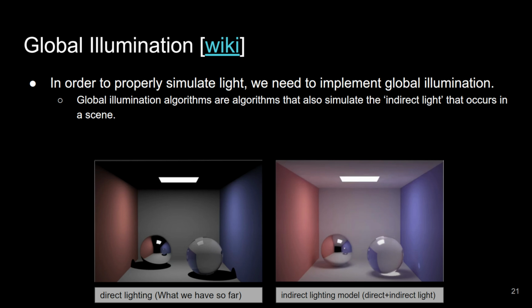Just a few more slides here to talk about global illumination. Okay, so this is the idea. If you're looking at those different images and wondering how we get to this really nice image here, what we're doing in this scene, as Shirley starts talking about, is simulating the indirect light that occurs in the scene.